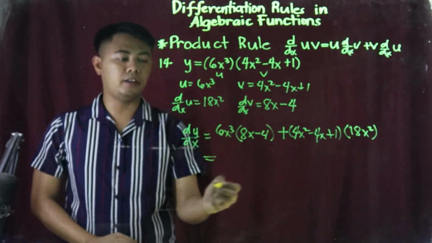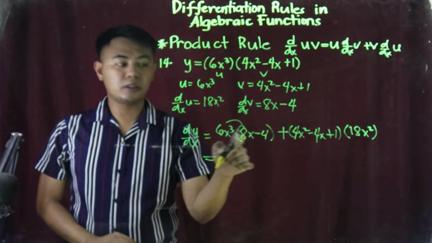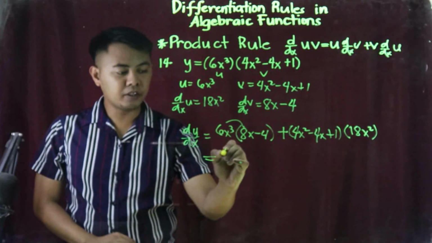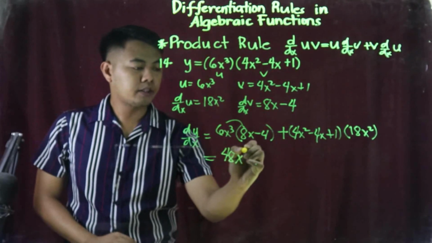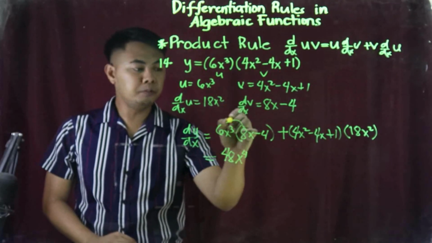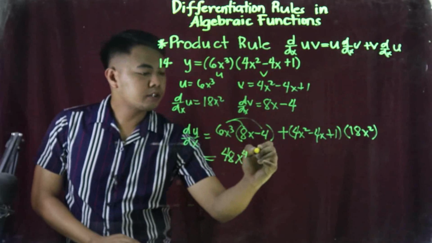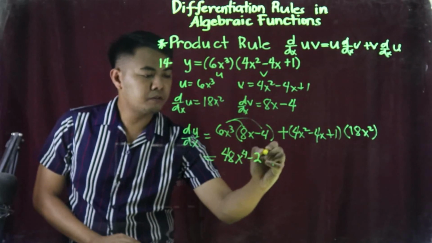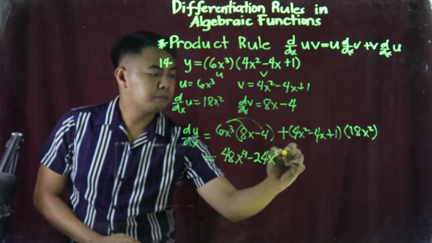And then simplify. 6x cubed times 8x, we have 48x raised to 4. 6x cubed times 4, that is 24, so minus 24x cubed.